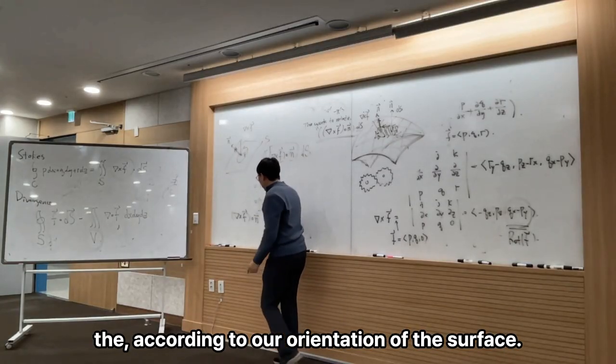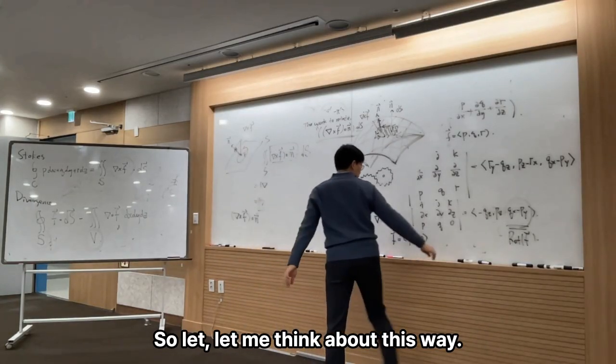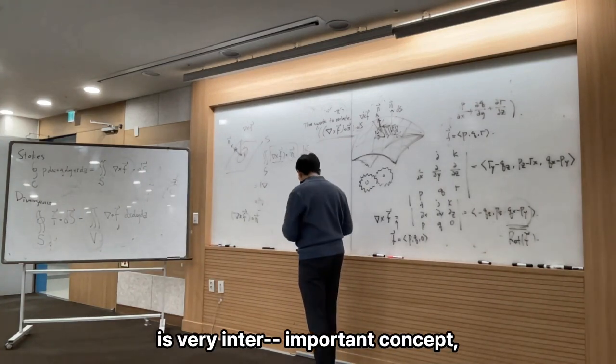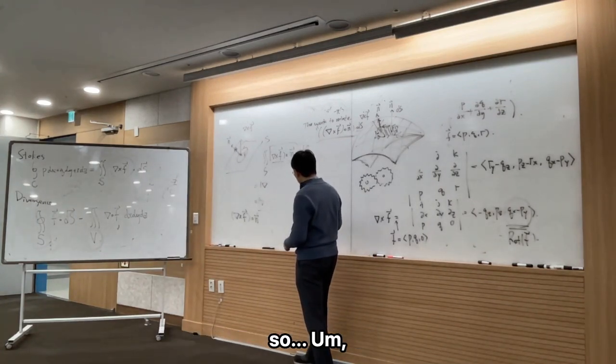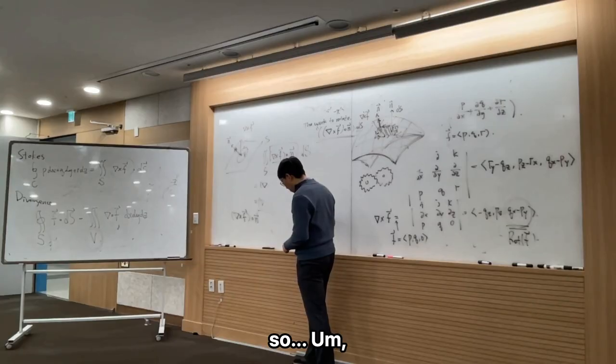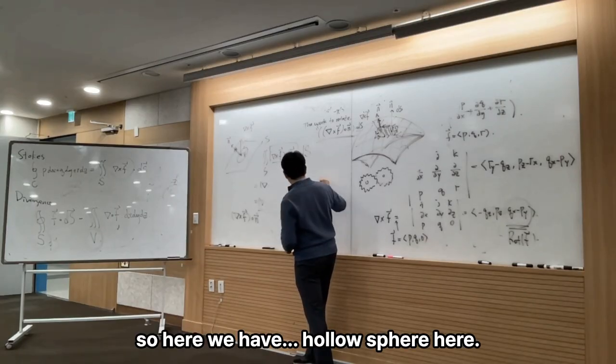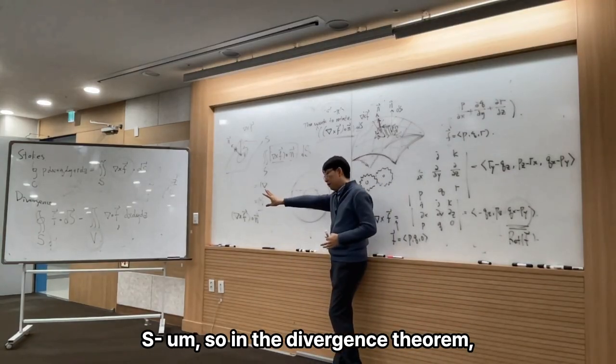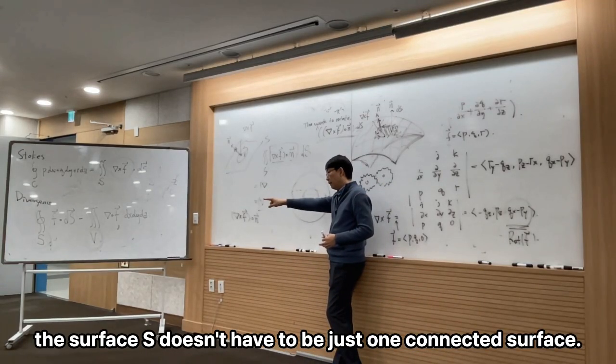orientation of the surface. Let me think about it this way. Inside and outside are very important concepts. Here we have a hollow sphere. In the divergence theorem, the surface S doesn't have to be just one connected surface.